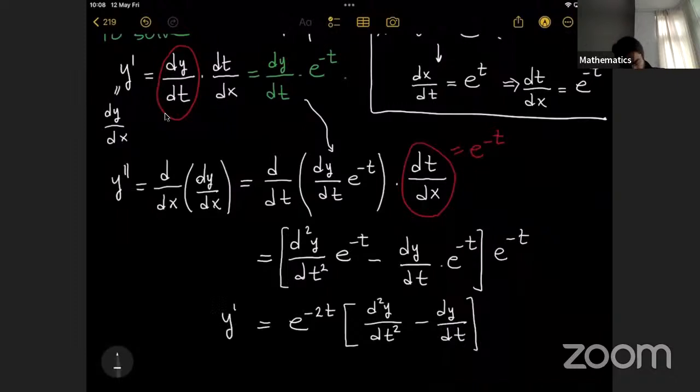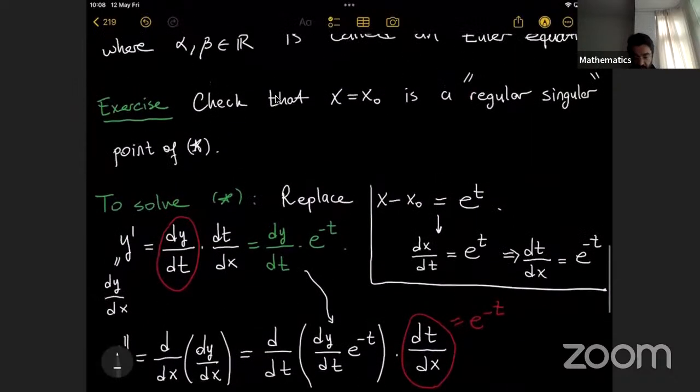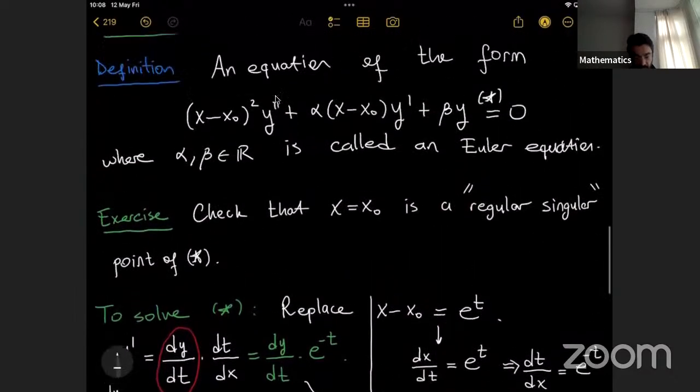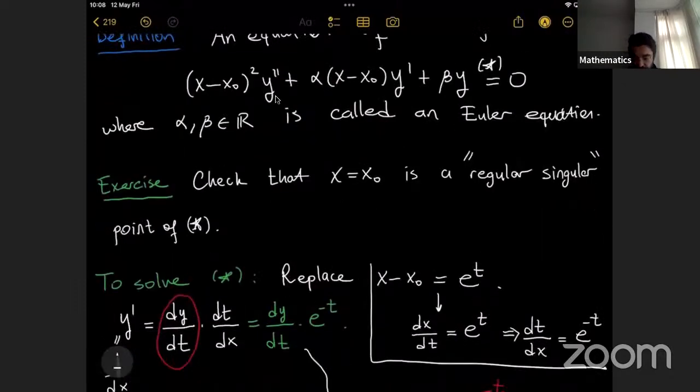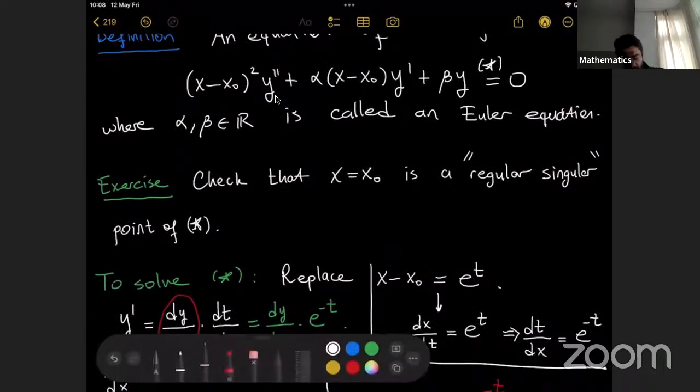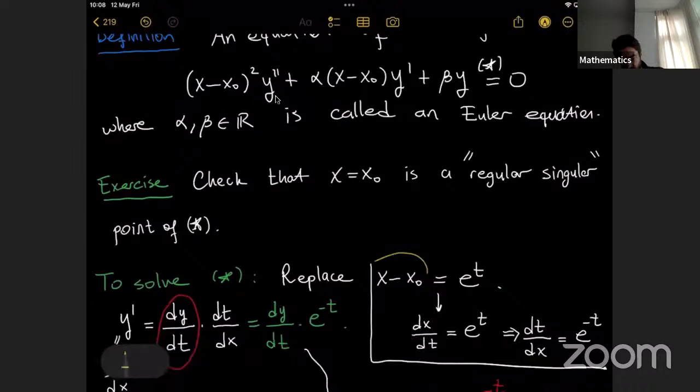Remember, it was y double prime in terms of t now. So you will plug this back into the equation. What was the equation? X minus x0 square. What is x minus x0 square? This is x minus x0, and it's e to the t.